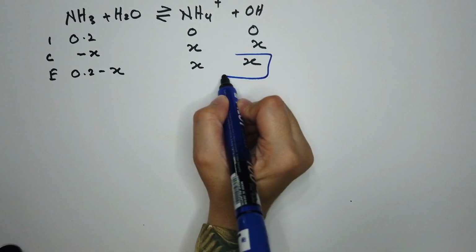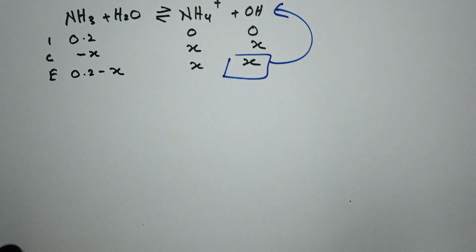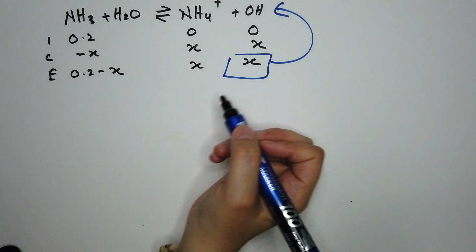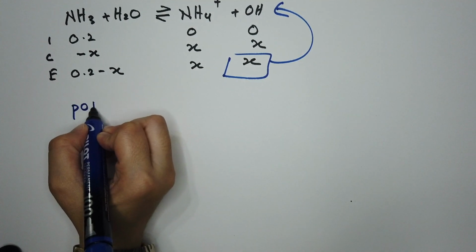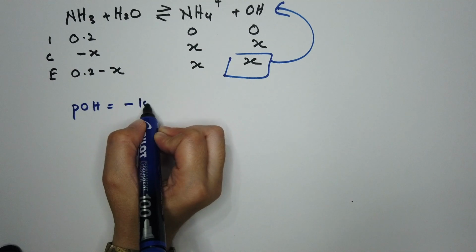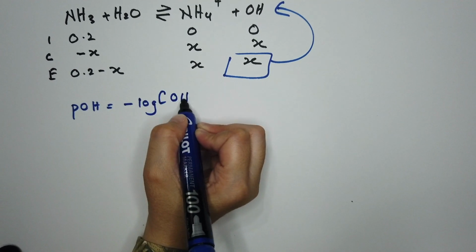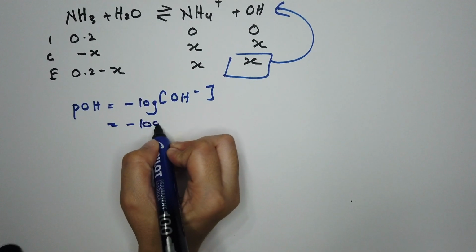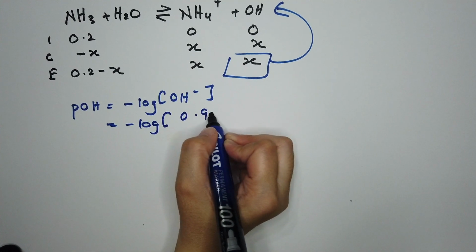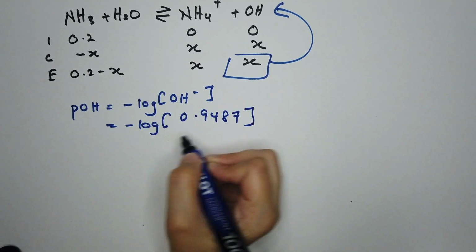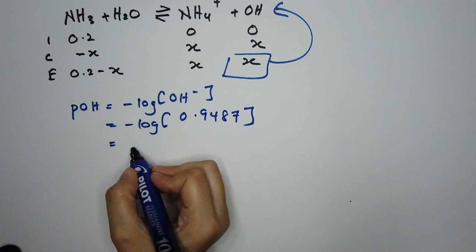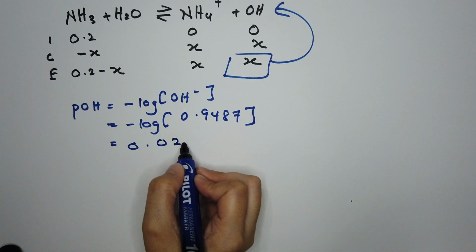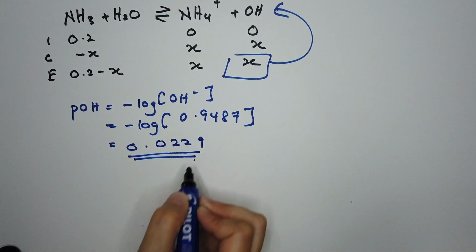So you get your value of x, which is equivalent to the value of your OH. So since you have the value of OH, you can get the pOH equivalent to negative log OH minus. So the value of x that you get just now is 1.8974 times 10 to the power of negative 3. So you should get your pOH equivalent to 2.7219. So this is your pOH.